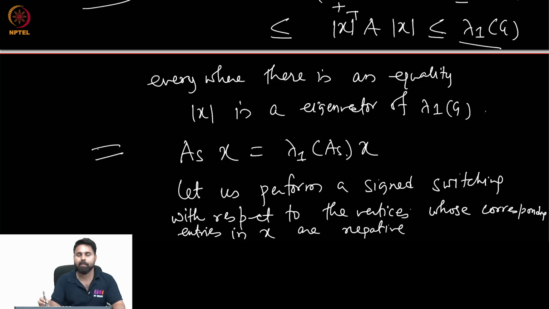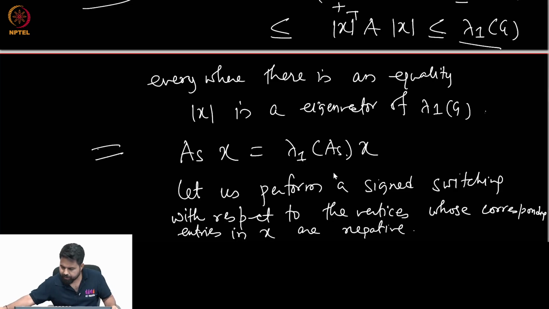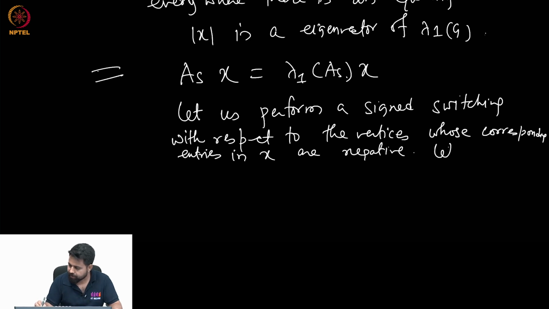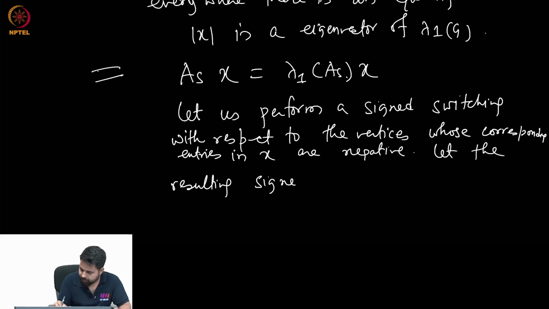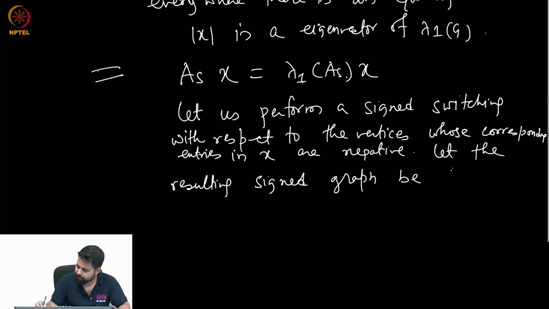Basically, wherever X is negative, you choose those vertices and do the signed switching with respect to that subset. Let the resulting signed graph be GT.